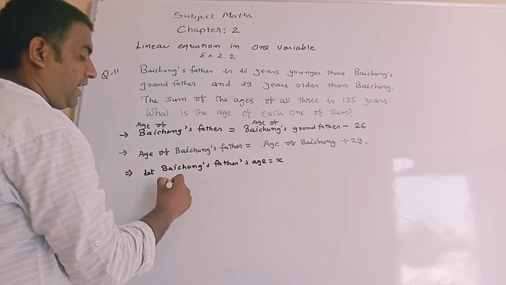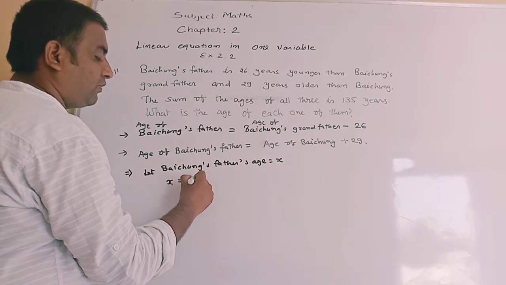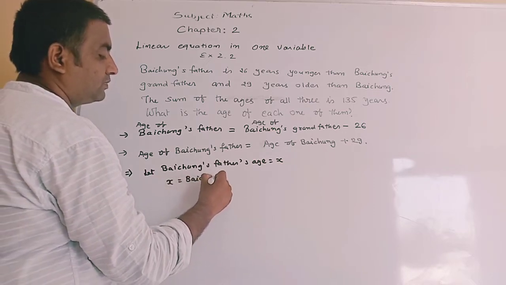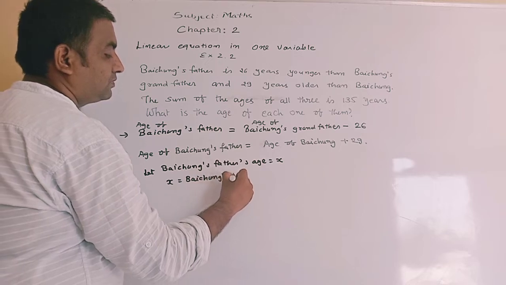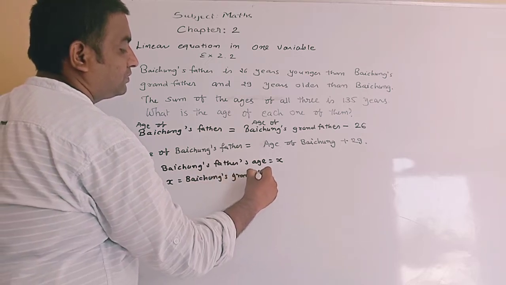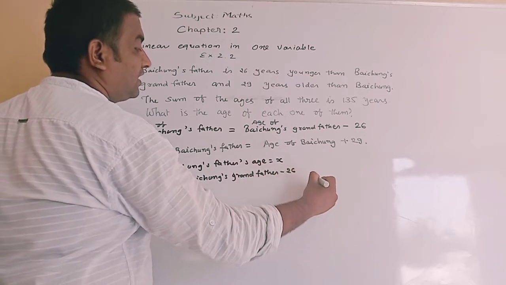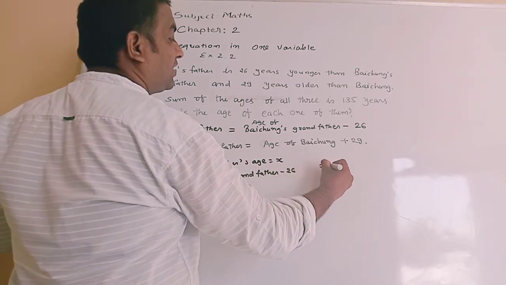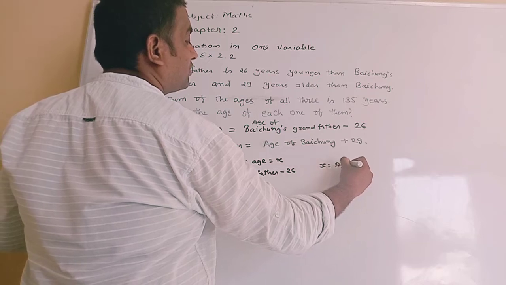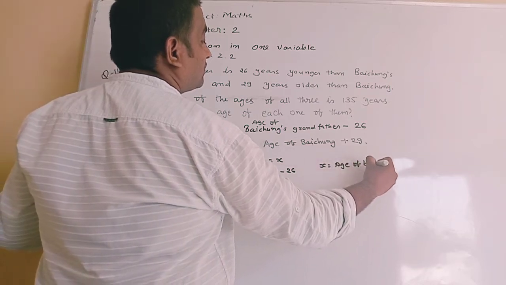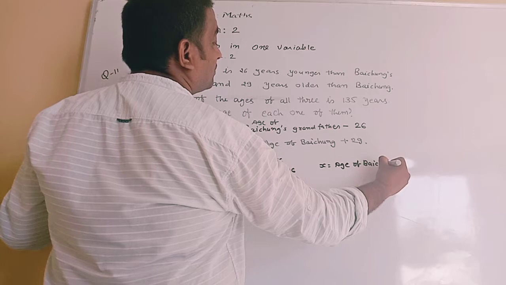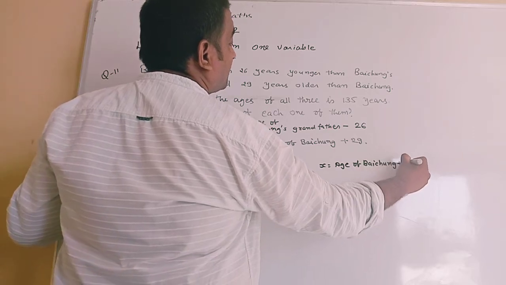So now x is equal to Baichung's grandfather's age minus 26, and another we can write x is equal to age of Baichung plus 29.